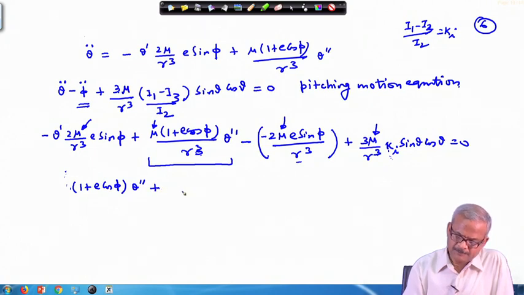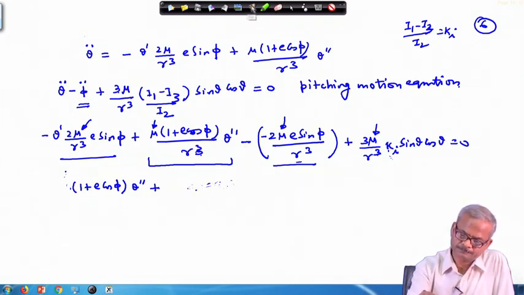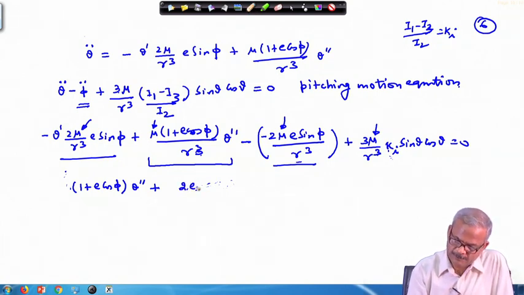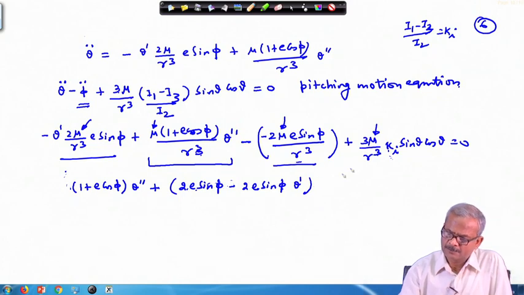Then this is plus the quantity which is present here; this quantity and this quantity we can combine together to write 2 E sin phi, mu again we do not have to write here, plus 2 times E sin phi, and from this place minus 2 times E sin phi times theta prime, and plus 3 mu by r cube.